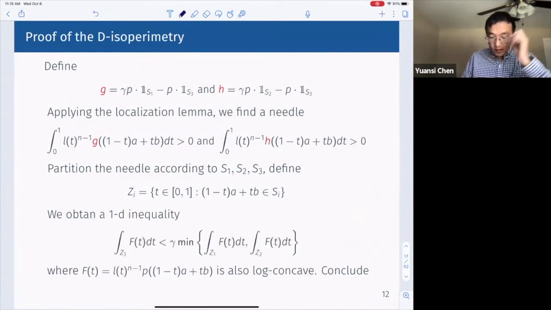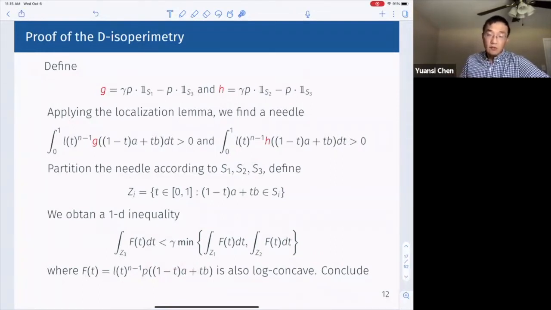Okay, and then from these two one-dimensional inequalities, you get a combined one-dimensional inequality like this. This looks very similar to the high-dimensional isoperimetric inequality, and effectively it is a one-dimensional isoperimetric inequality you try to prove. Observe that the one-dimensional needle also gives you a log-concave distribution, and for one-dimensional log-concave distributions, we know how to prove isoperimetric inequalities.